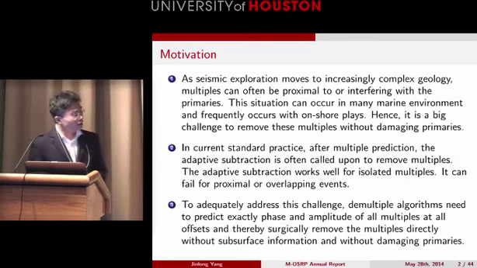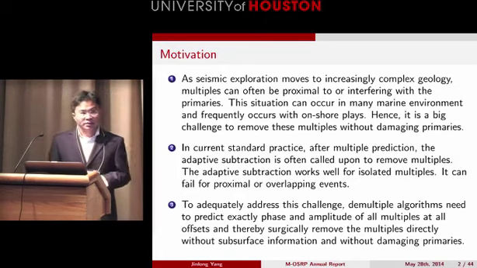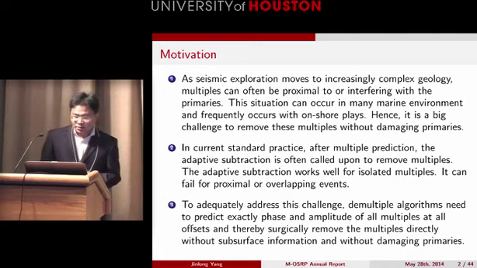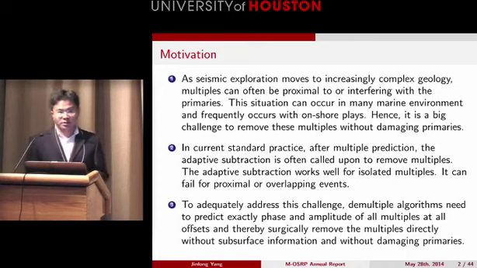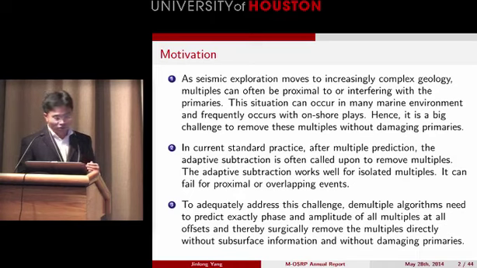Hence, it is a big challenge to remove multiples without damaging primaries. In current standard practice, after multiple prediction, adaptive subtraction is often called upon to remove multiples. This adaptive subtraction works very well for isolated events. It can fail for proximal or overlapping events.